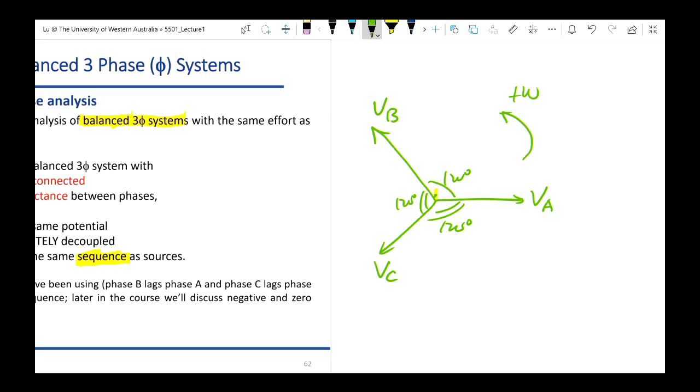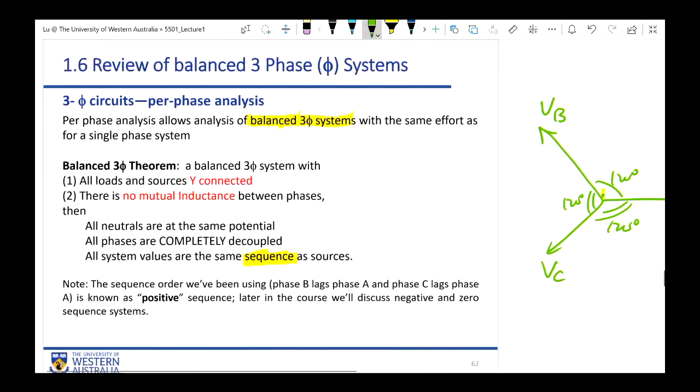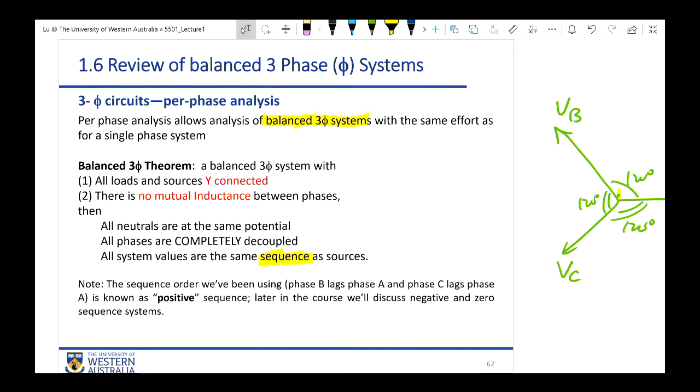But the order that these three vectors pass through a reference point is A first, followed by C, and then followed by B. So the order is A, C, B. This is called ACB sequence or negative sequence. This may happen in the real world as well. So we have two different sequences. This is how we define this case.